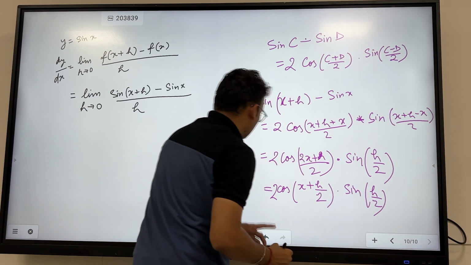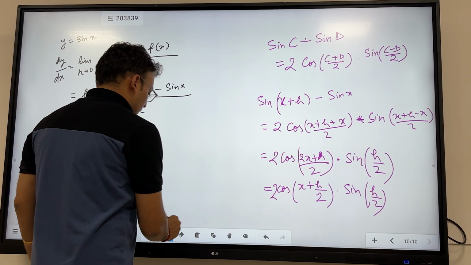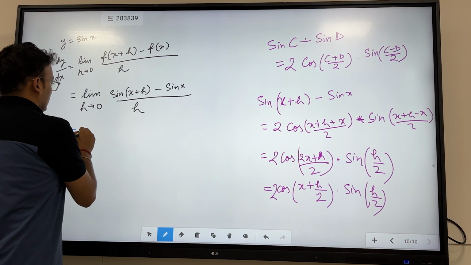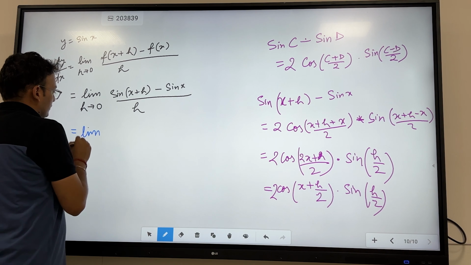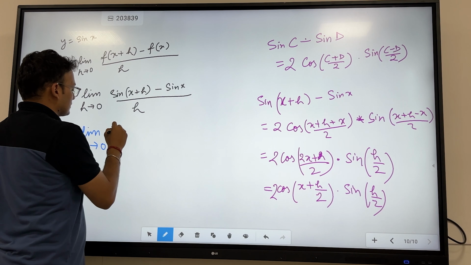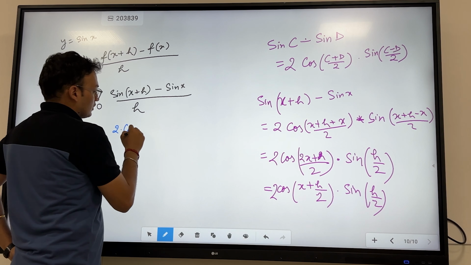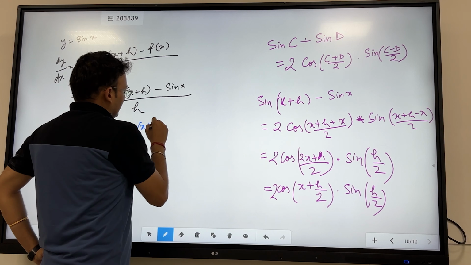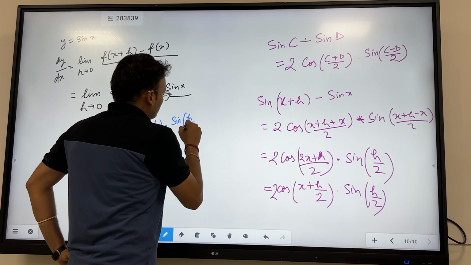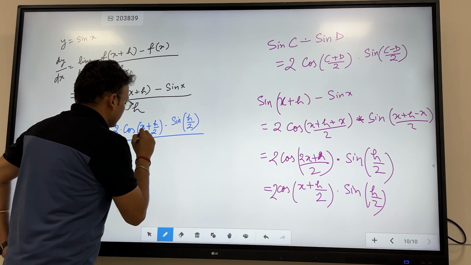Now put the value here. You will get the limit as h tends to 0 of 2 cos of (x plus h by 2) times sin of h by 2 divided by h.